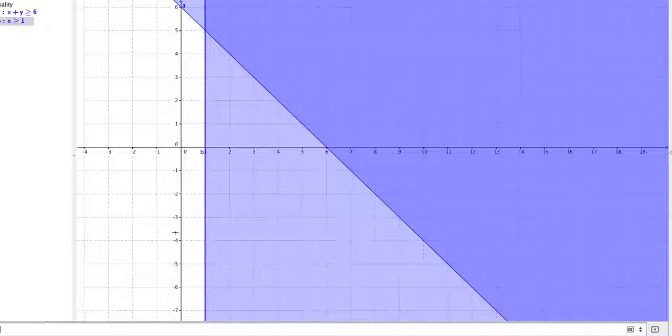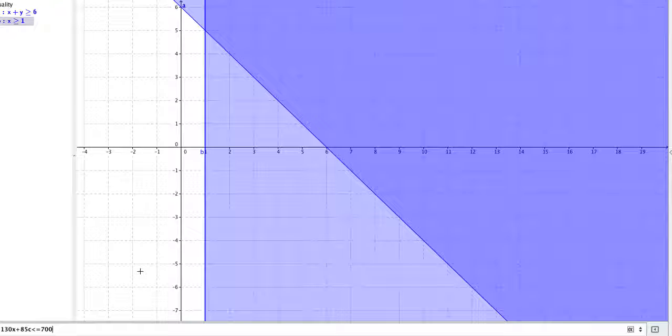And the final inequality is 130x plus 85c is less than or equal to 700.